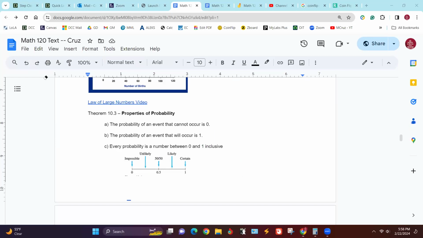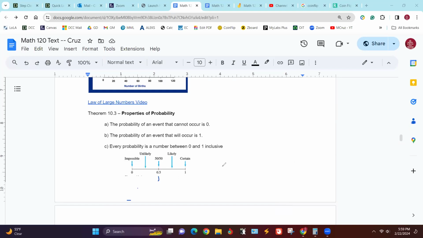Okay. So now this is just a little breakdown of how it looks. Impossible being 0, certain being 1, and then in the middle, this is what people like to call 50-50, the 0.5, which we just calculated. That means it's kind of a coin toss.